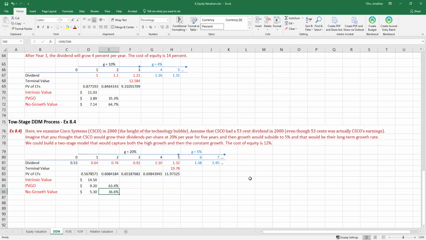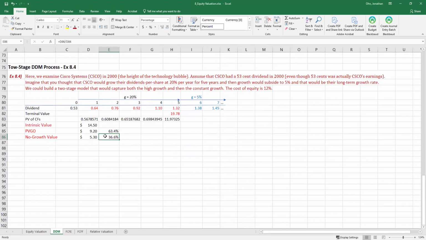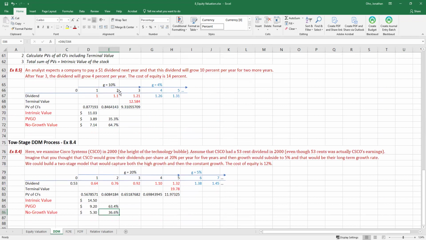The value coming from established assets, or assets in place, is about 37%. So this one looks quite risky, volatile, a riskier stock compared to this one here. This is the opposite, right? So this is how to calculate and how to interpret the result.